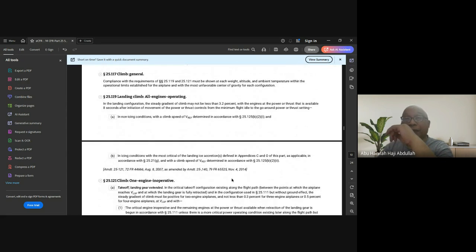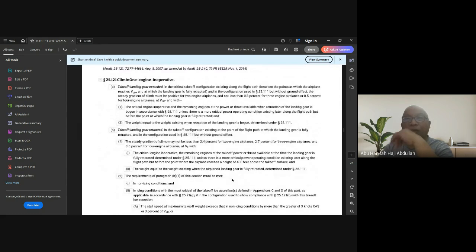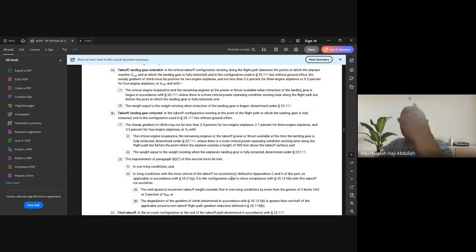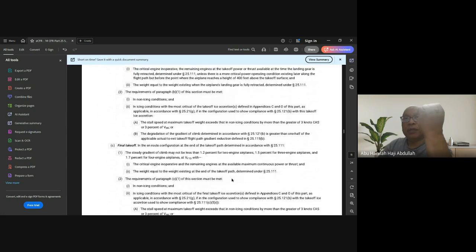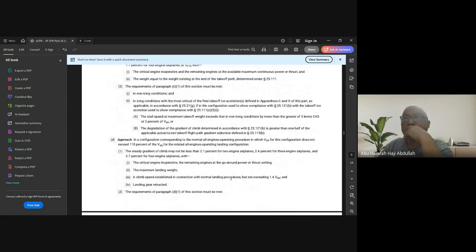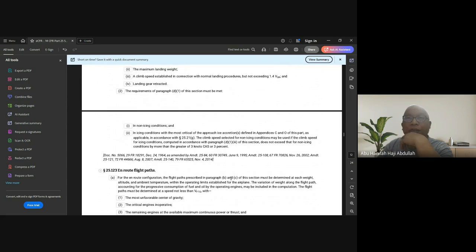Then take the climb with one engine in operation. Then you cut off one engine, you remove one of two engines, and you take off with one engine, whether you have the performance capable up to the altitude required, and then en route flight path.